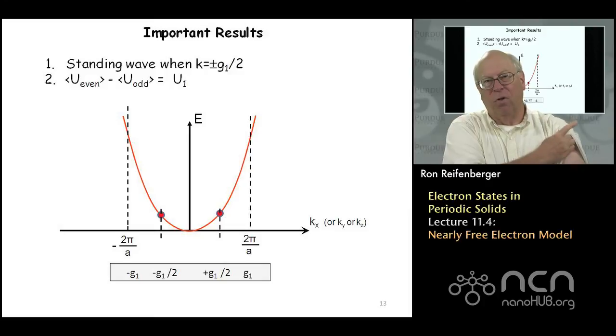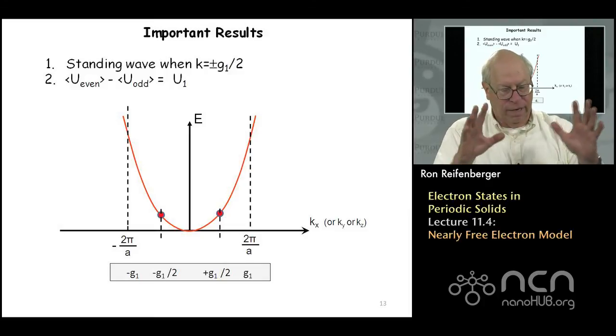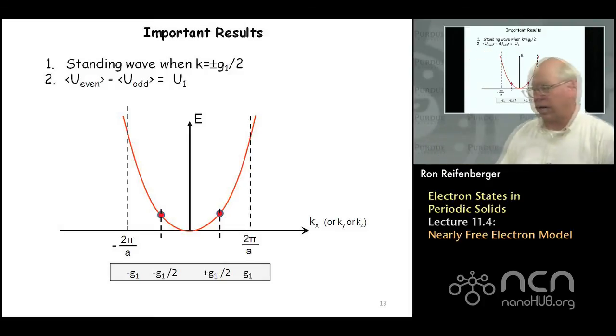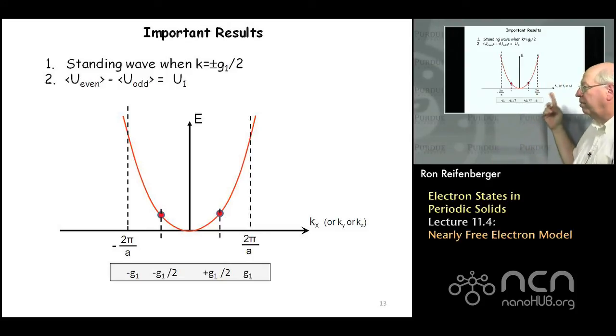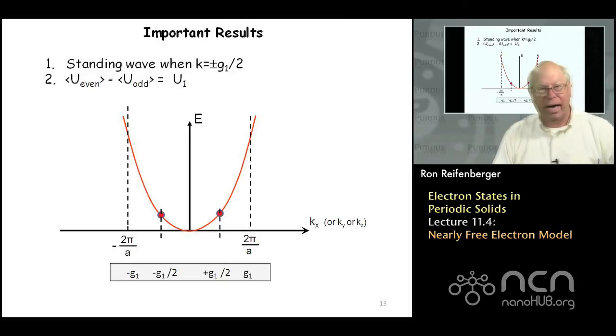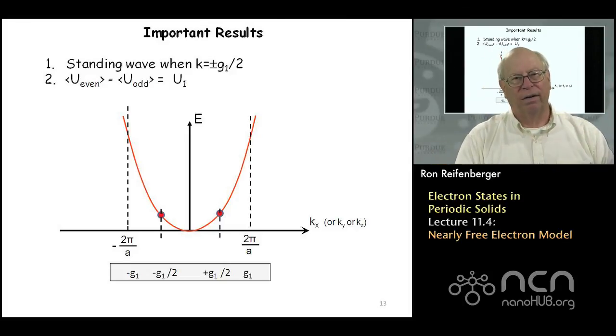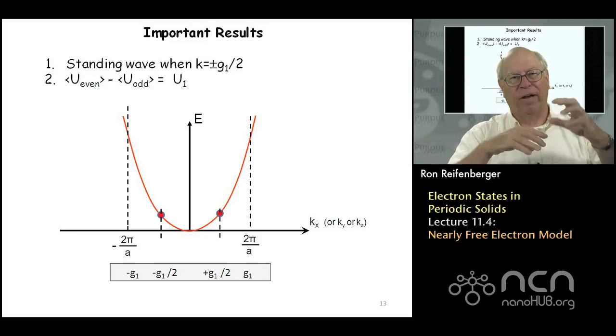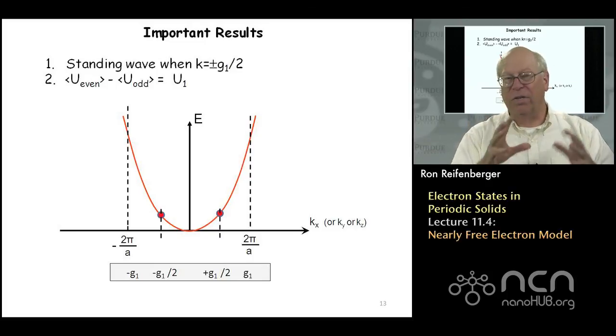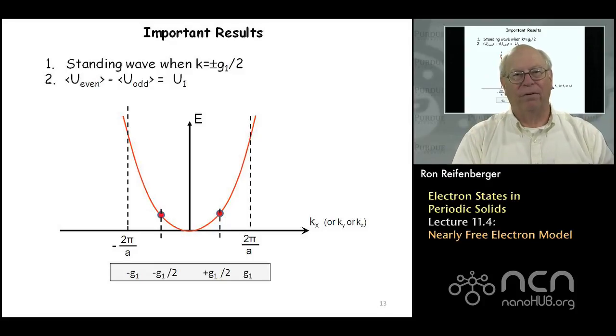Now, this whole argument has been done for a one-dimensional case, but clearly in 3 dimensions we have ky and kz that we have to take into account. So in 3 dimensions, we would have to use a more transparent vector notation. The arithmetic gets a little bit more complicated, but the same key results come out.